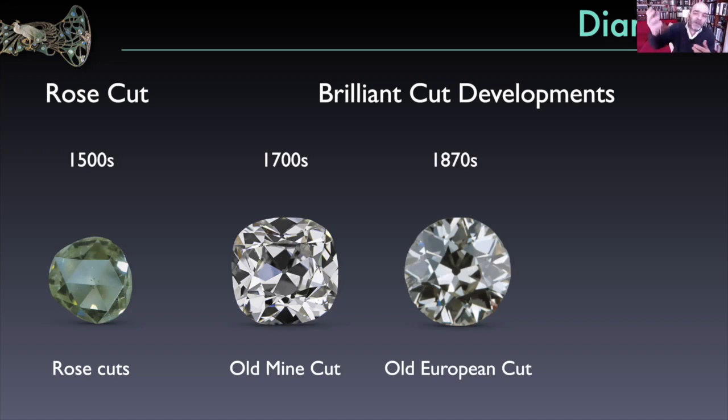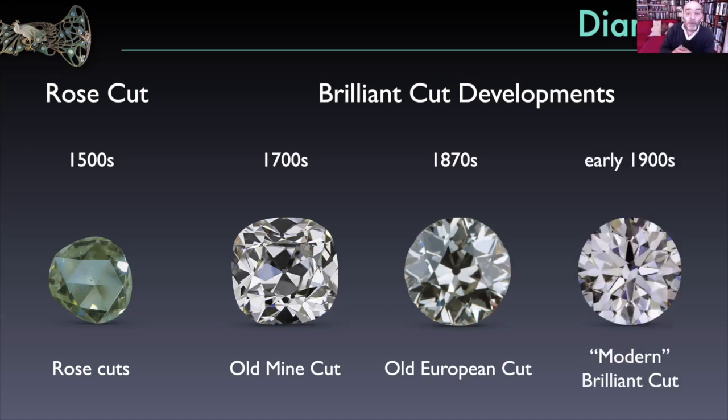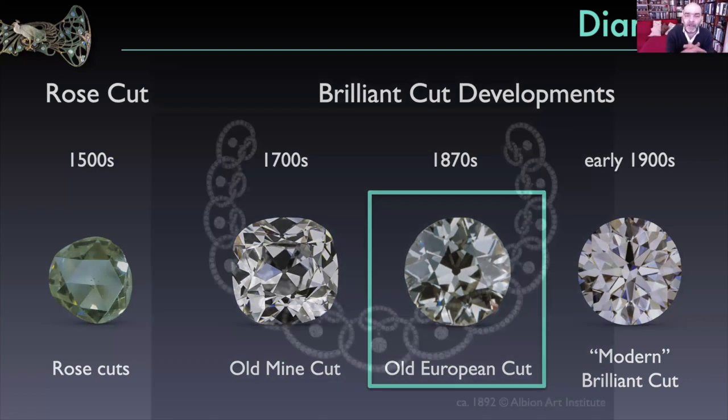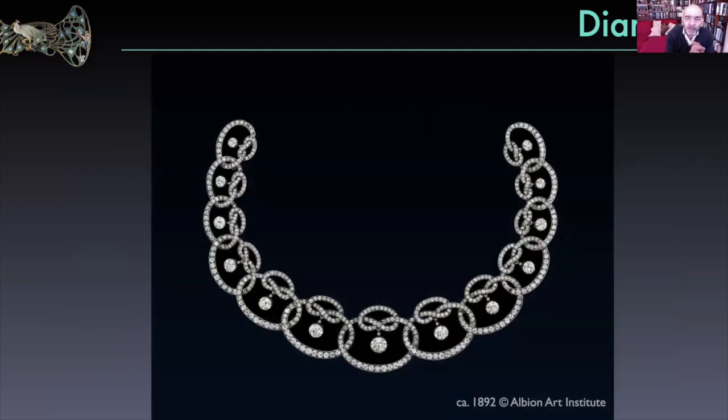And of course, in the 20th century, the modern brilliant cut became available. But Lalique mostly used rose cuts for the very small stones and the old European cut, which he called brilliant cuts, not old European. And this is the kind of diamond jewelry that he used to make before he became totally creative.